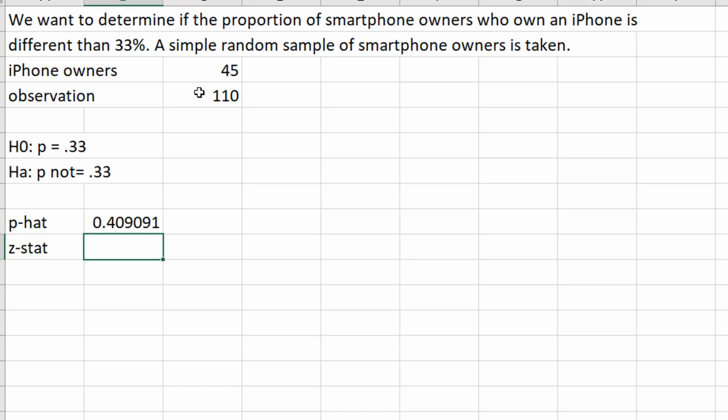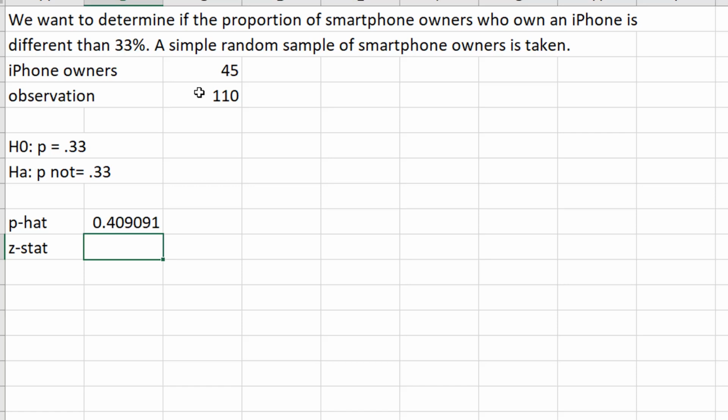The sample size is large enough: we got 45 iPhone users, and the rule of thumb is that you should have at least 10 successes and 10 failures in your sample. There are 45, and there are going to be 65 other kinds of phone users in this sample. So it should be approximately normally distributed, like a bell curve.